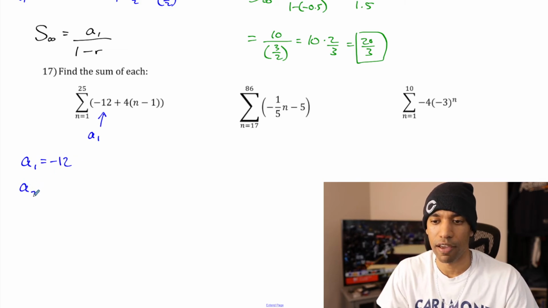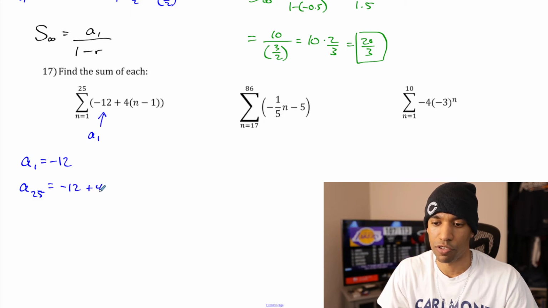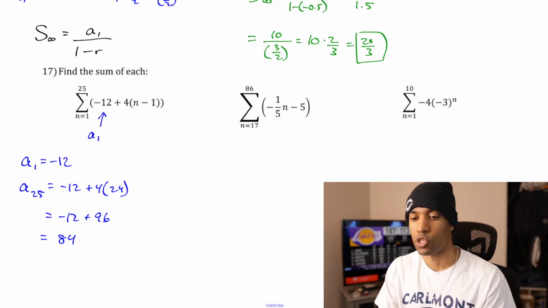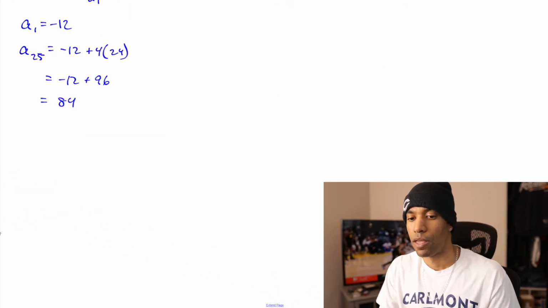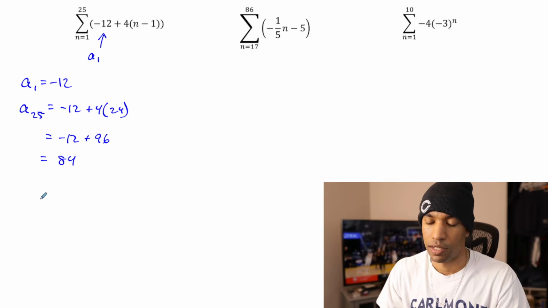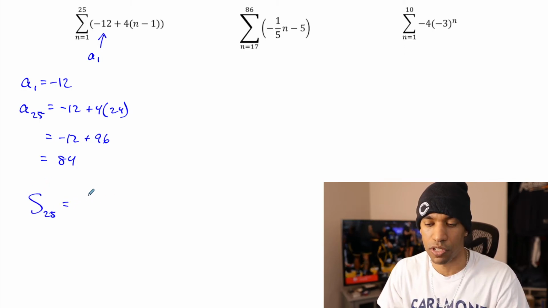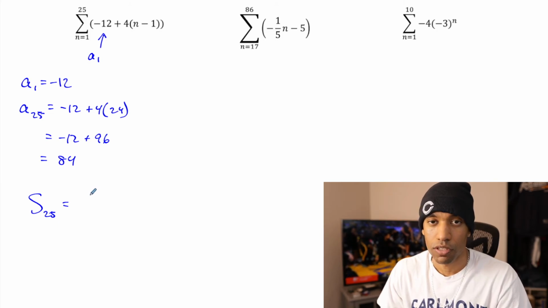We do need to find the value of the 25th term, however. So that's going to be negative 12 plus 4 times 25 minus 1. So negative 12 plus 96, which is 84. So you have the 25th term being 84. Now we have to find the sum of the first 25 terms of the sequence.